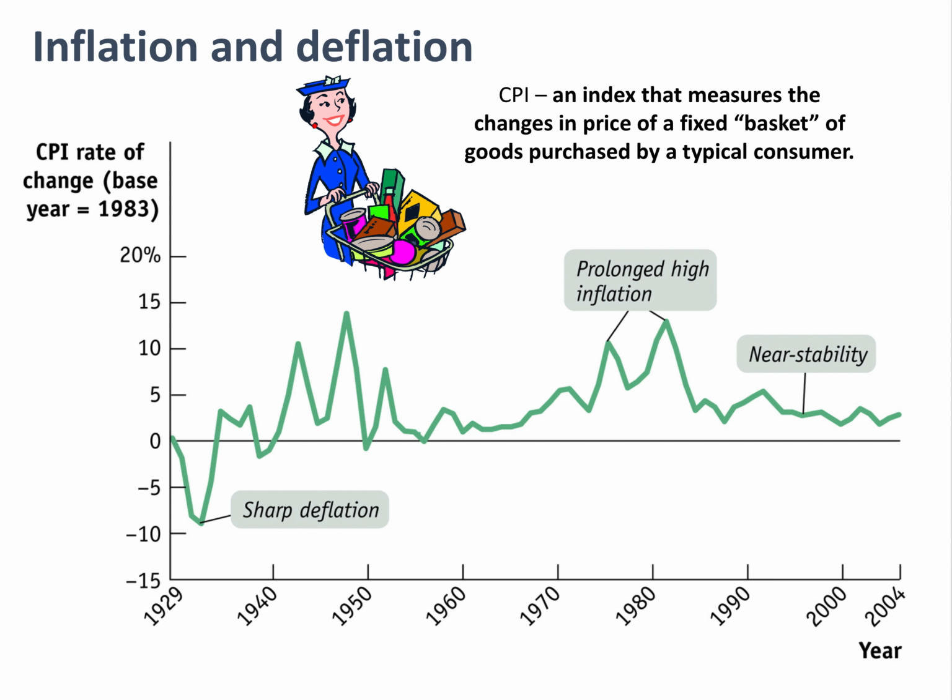And what we find is, again, we see that very sharp deflation, which means prices are going down, back in the 1929, 1930s, which was the Great Depression. And then we have cycles where the prices of things go up, the consumer price index increases, and then there are periods of time where it goes back down again, and then spikes and then back down.